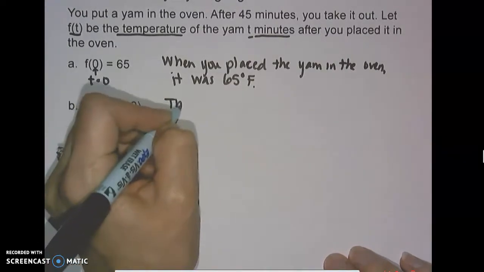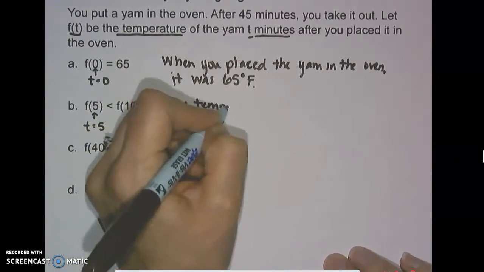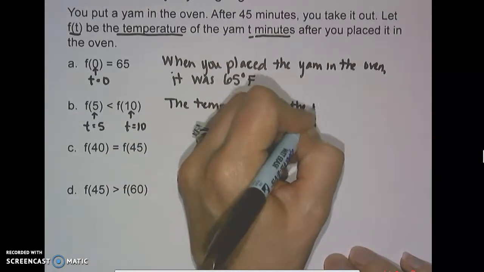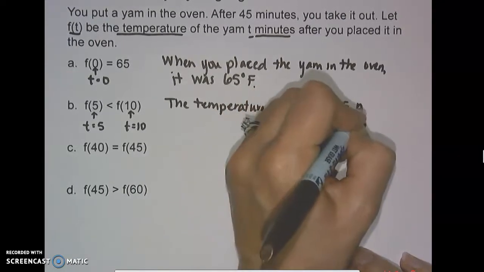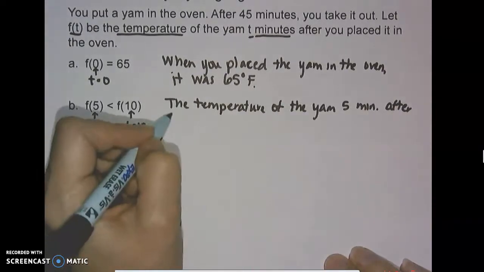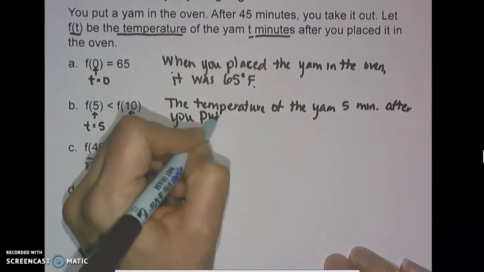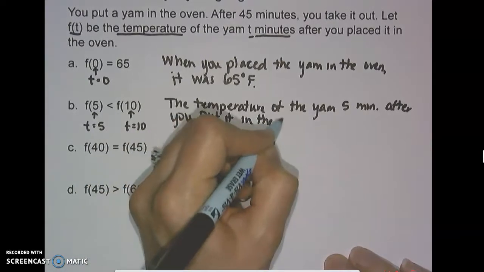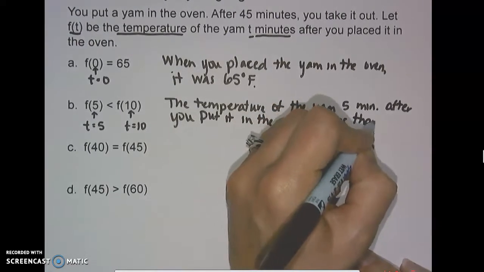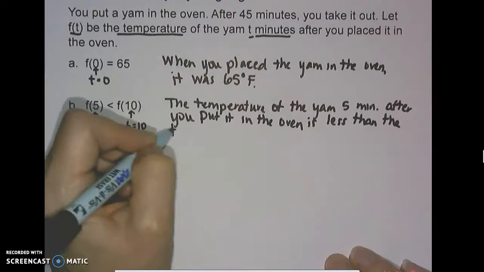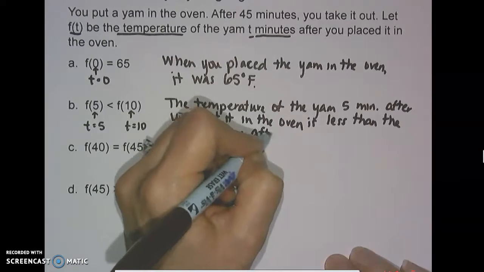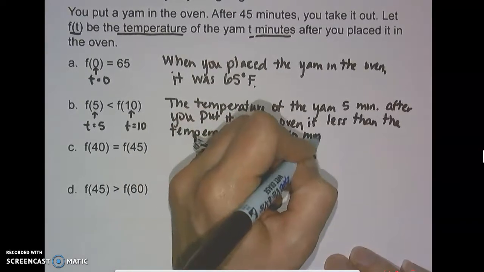the temperature of the yam 5 minutes after you put it in the oven is less than the temperature after 10 minutes.